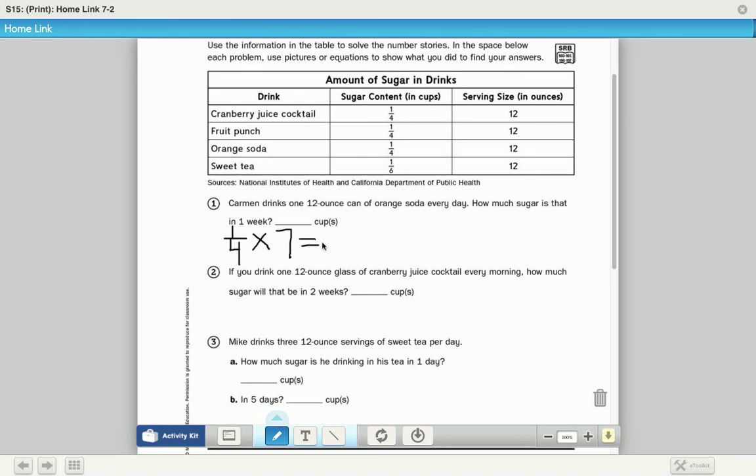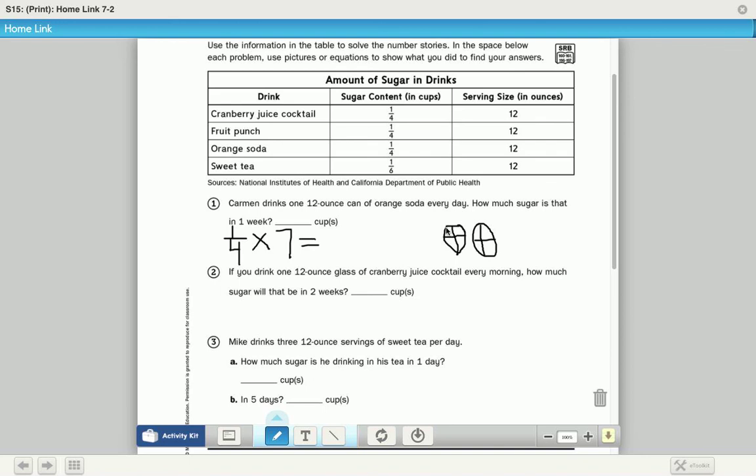So 1/4 times 7. So you could do 1/4 plus 1/4 plus 1/4 plus 1/4 plus 1/4 plus 1/4 plus 1/4. You could do the repeated addition, or this is the multiplication equation that would go with it. You could do your pictures. So maybe you want to do the circles like we did yesterday and show 7/4.